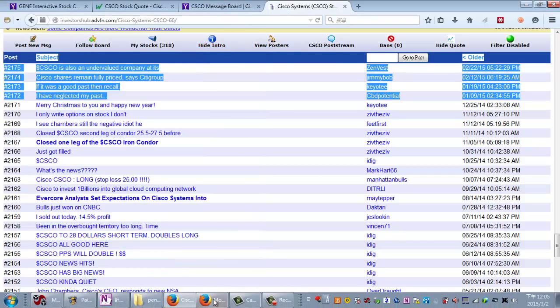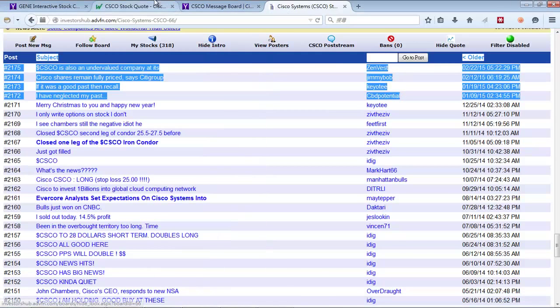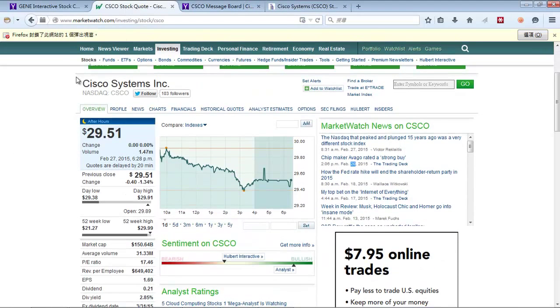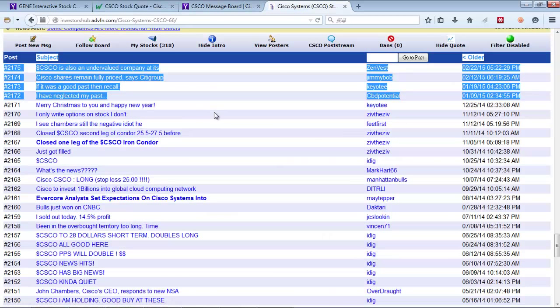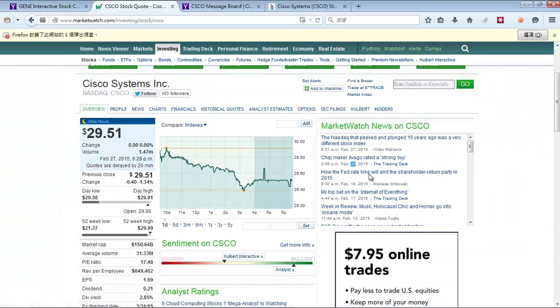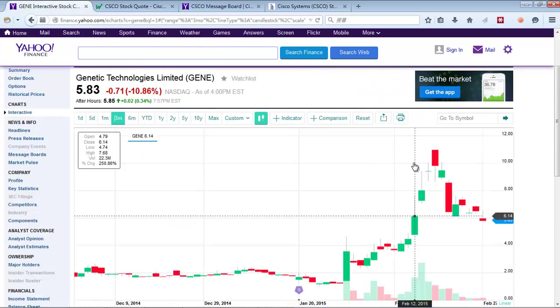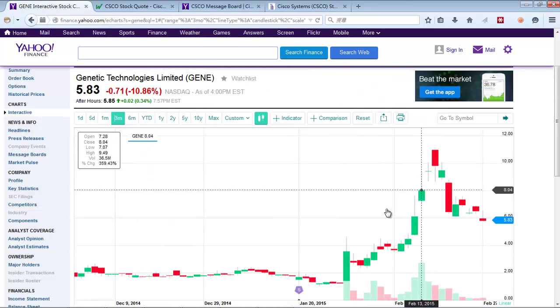Because if the news is already on MarketWatch, that rumor is already reflected in the price of the stock, so it's useless. So you want to find something that MarketWatch has not pointed out yet, but the message boards have pointed out. If you can find that in time, you can get this kind of profit from predicting those breakaway gaps.